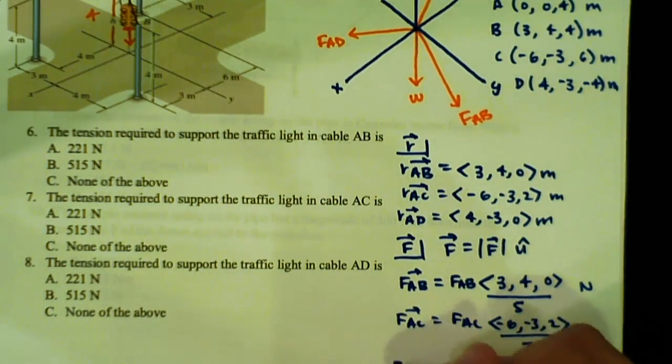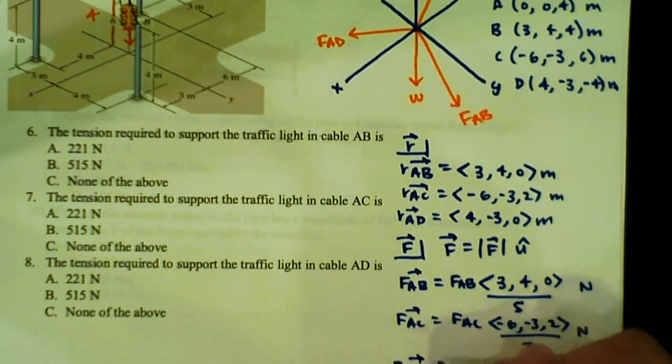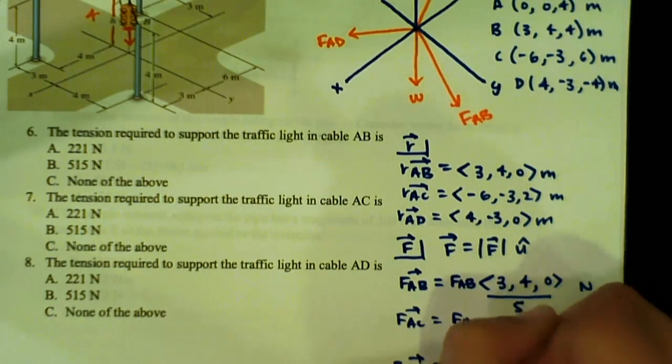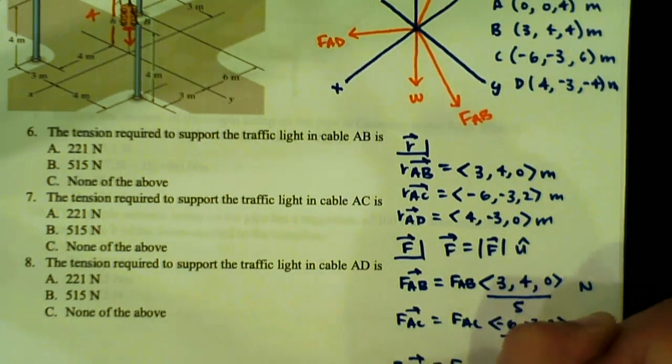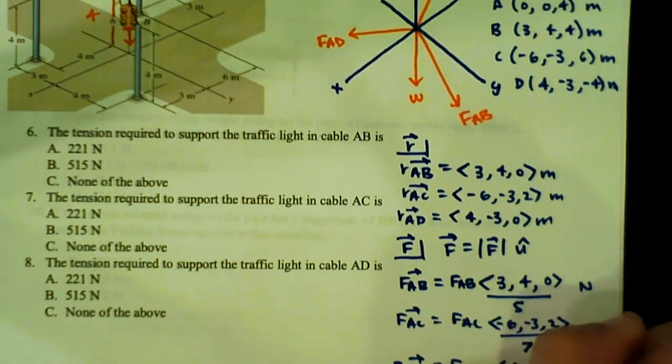And then for FAD, it's going to be 4, -3, and 0, all divided by 5.